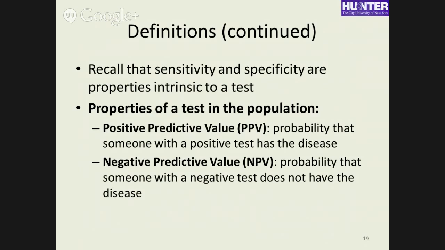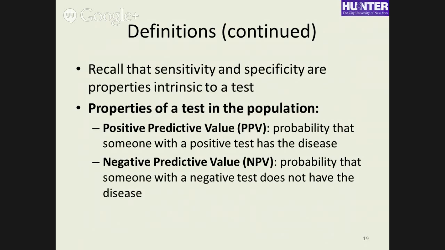So positive predictive value is the probability that someone with a positive test has the disease. In that early example of the cancer screening test, if the positive predictive value is high and you receive a positive test, then you should be worried. But you need to know the positive predictive value in order to know how worried you should be.